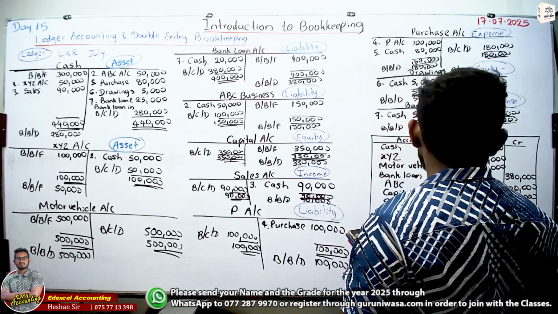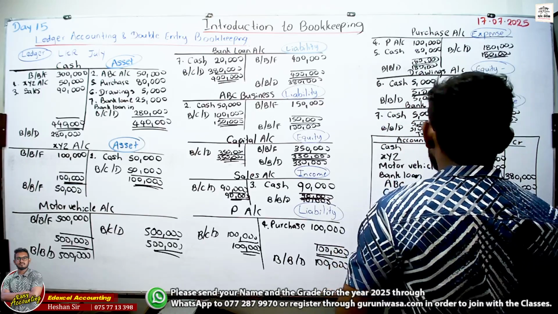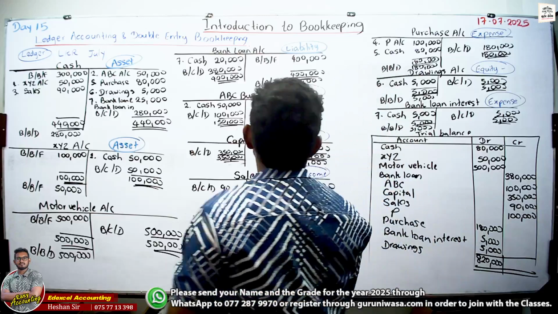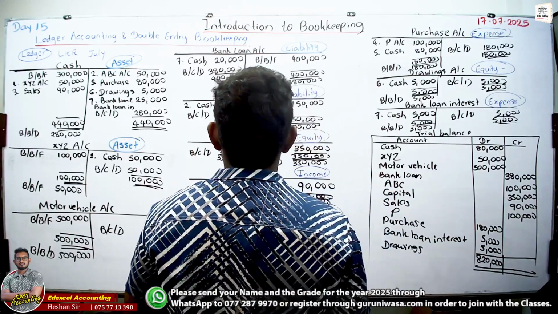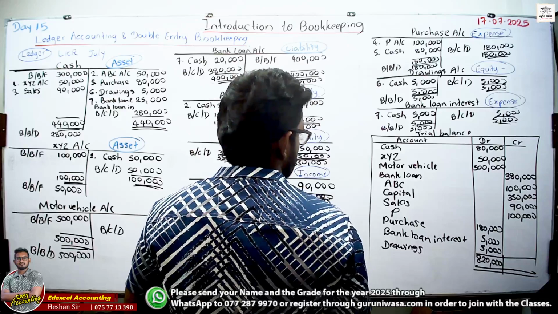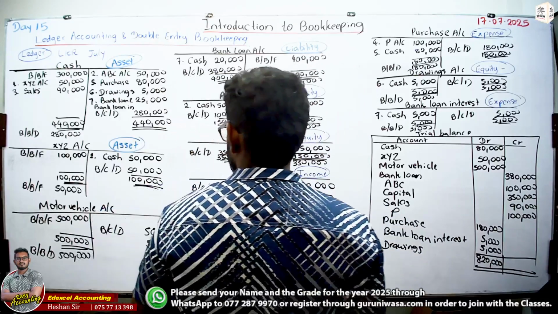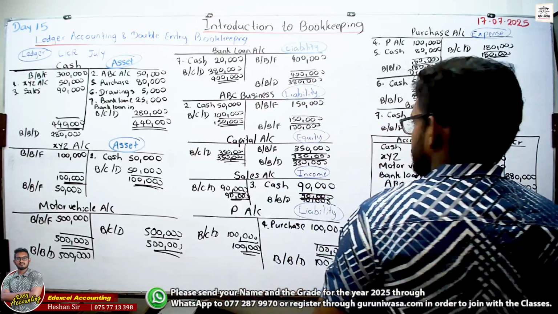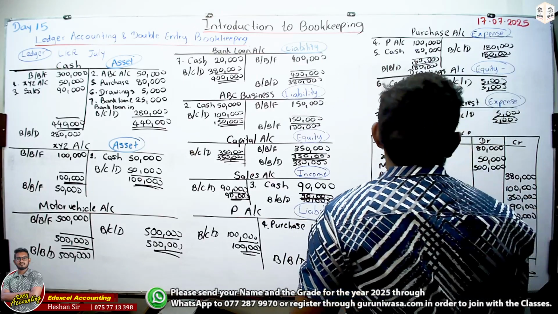Sales account 90. Capital account 350. ABC business 100. Bank loan account 380. Motor vehicle 500. XYZ 50. Cash, it's 280.